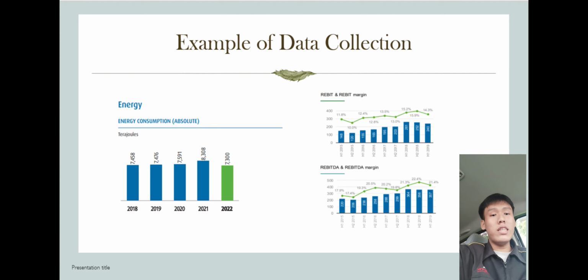This decrease in energy consumption can be mainly attributed to a decrease in activity in our Energy and Surface Technologies business group and reduced energy use in recycling. From 2018 to 2020, total energy consumption averaged between 7,400 and 7,600.